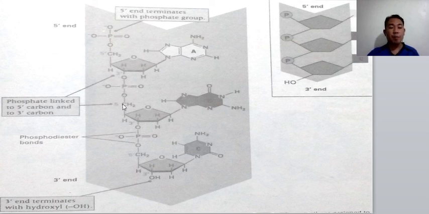The 5' end terminates in a phosphate, and the 3' end terminates in a hydroxyl group, or the OH group. These areas are exposed, where another nucleotide will be able to attach.